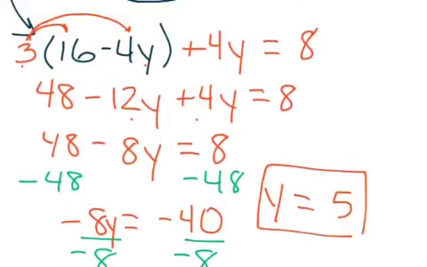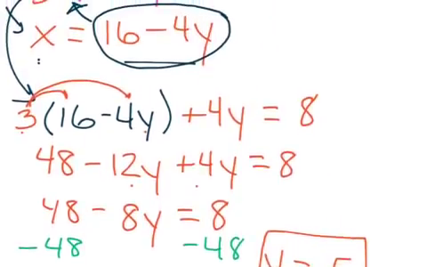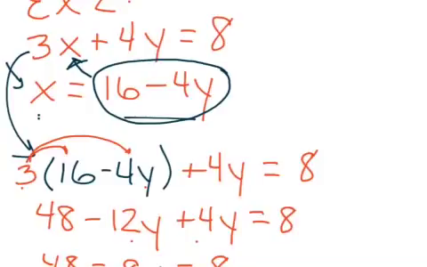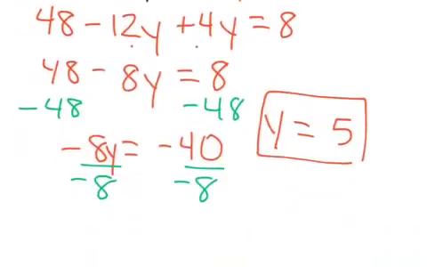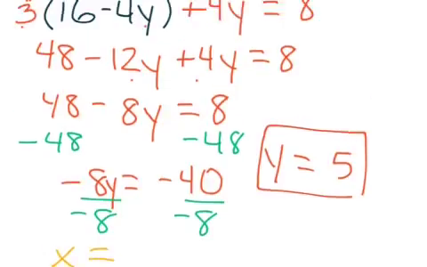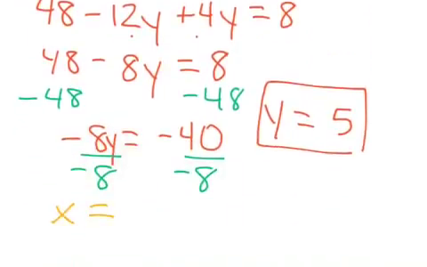Now, since this is the point on the y-axis that both of these lines share, you can plug it back into either of these. I'm going to use the x equals because it's already solved for x. So I've got x equals 16 minus 4y. So I've got 16 minus 4 times my newly found y value.